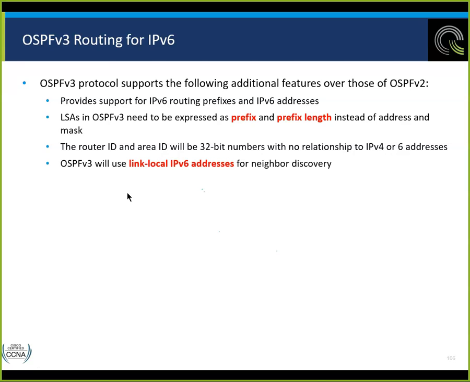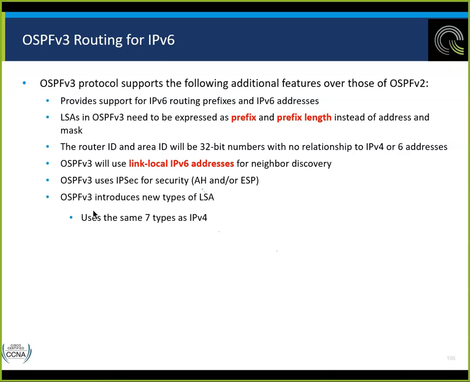IPv6 is going to use the link local address, the FE80 address, for all local communications. Version 3 uses IPsec for security, authentication headers or ESP, encapsulating security payload. What this is saying is that v3 is going to be more secure.